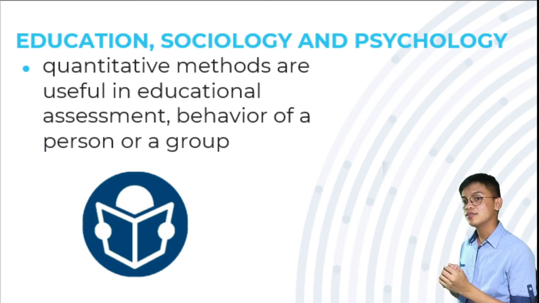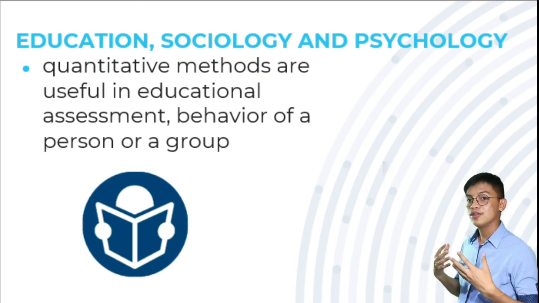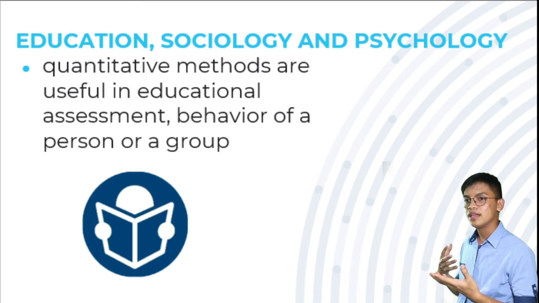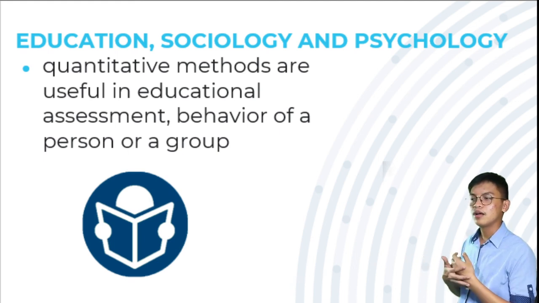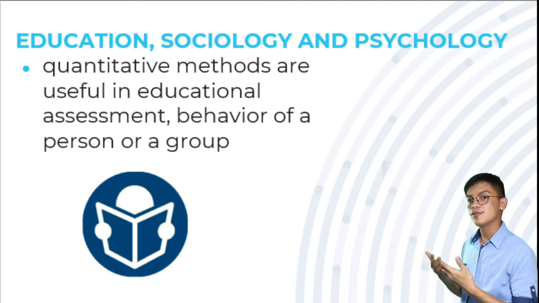In the field of sociology, sociologists will try to see the trends, the common behavior of students. Say for example, what could be their common behavior when using social media, what kind of sites do they visit, what kind of videos do they often view.